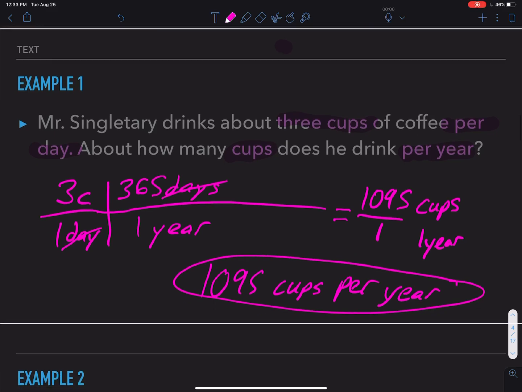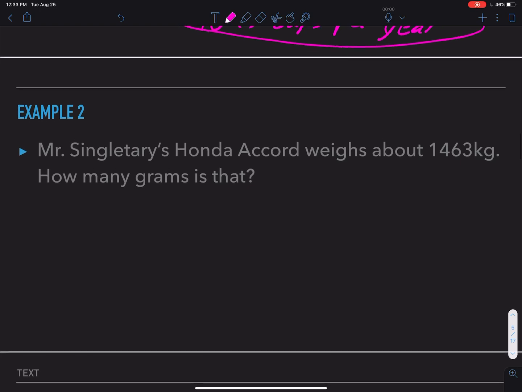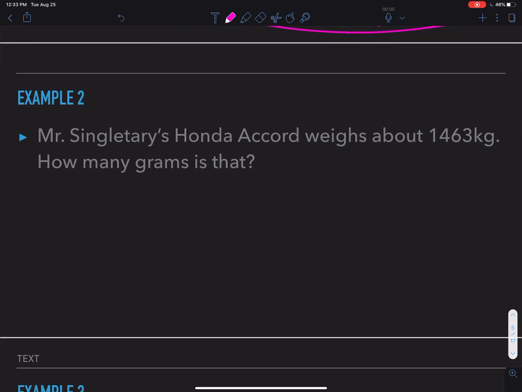So let's try another one. Mr. Singletary's Honda Accord weighs about 1,463 kilograms. How many grams is that? Well, if we think back to our mnemonic device, King Henry died under the Diet Coke machine.